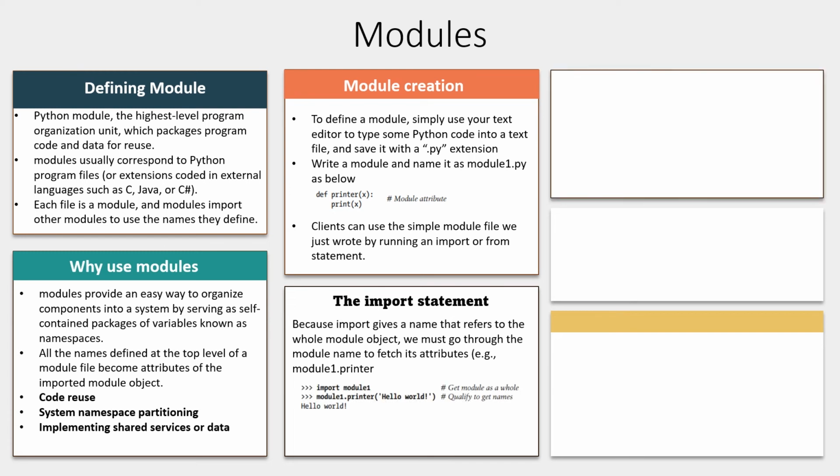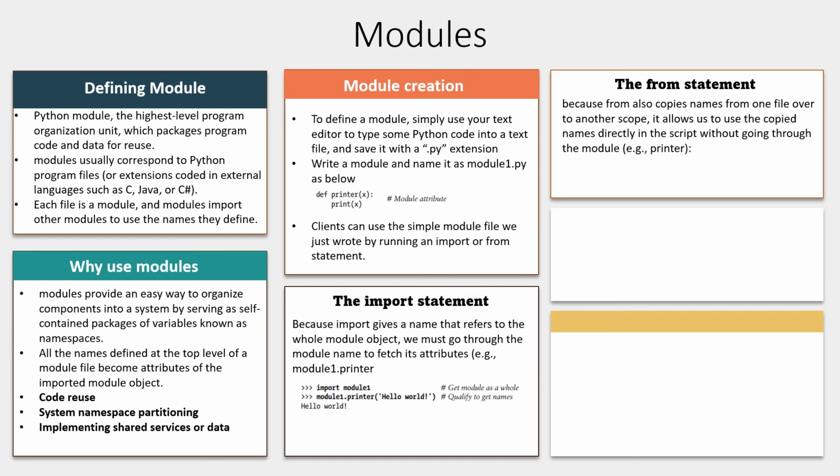These are some of the examples. Now, the from statement, which is very useful. Why? Because it allows us to use the copied names directly in the script without going through the module.